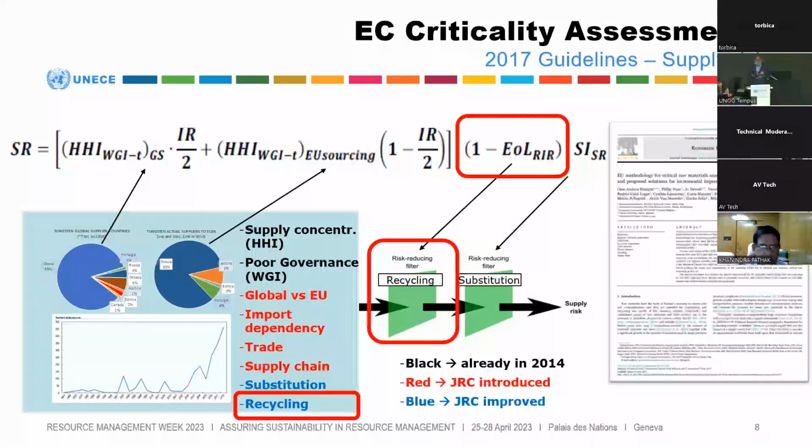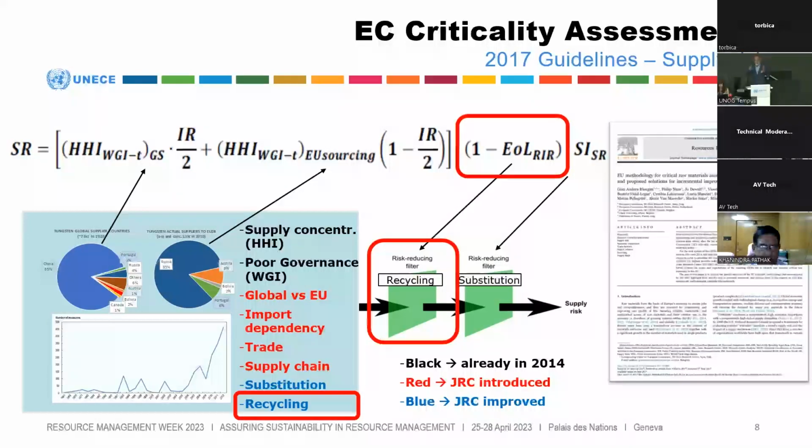The concentration of supply measured through the HHI index is definitely a very important one. It is associated to an indicator that gives a rough measure of the country risk, which is WGI. So these two parameters are combined together.